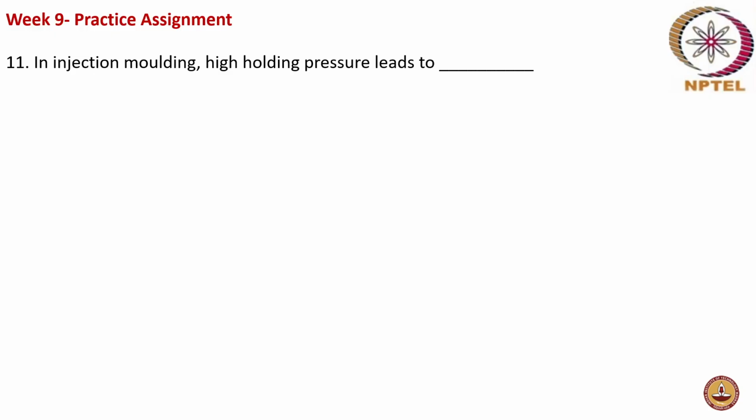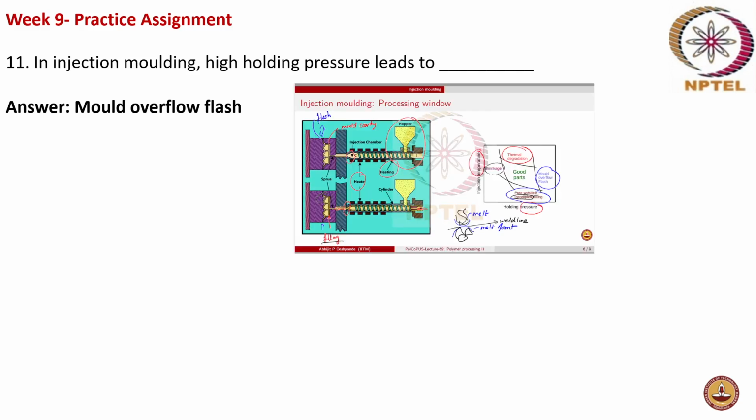What happens is mold overflow. The mold may not be perfectly shaped, so it may have some small openings, through which, due to very high pressure, there will be some leakage or flashing out of the polymer melt.